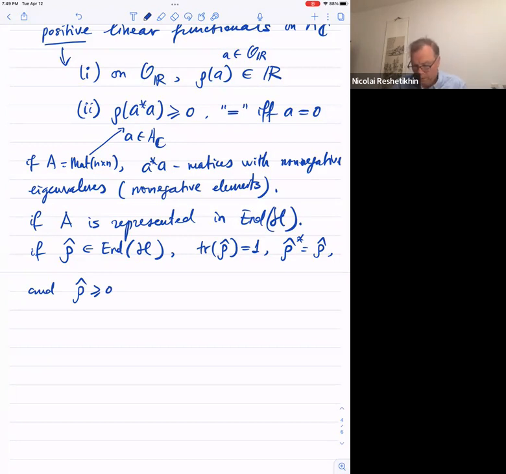Non-negative means that the real eigenvalues that Hermitian matrices have are all non-negative. So it means non-negative eigenvalues.